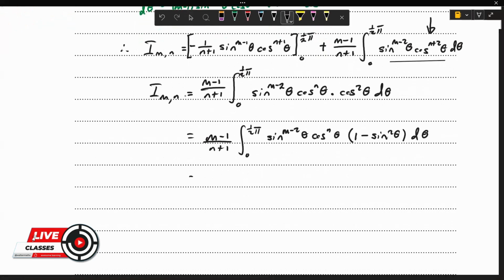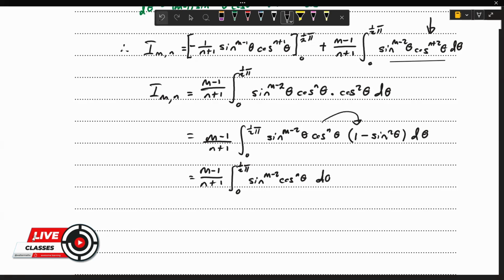So basically, we'll be having m minus 1 over n plus 1 of, okay, now splitting after expanding the brackets, we'll be having the integral from 0 to a half pi of sine to the m minus 2 of cos to the n of theta minus, now, so I've done this by multiplying this.